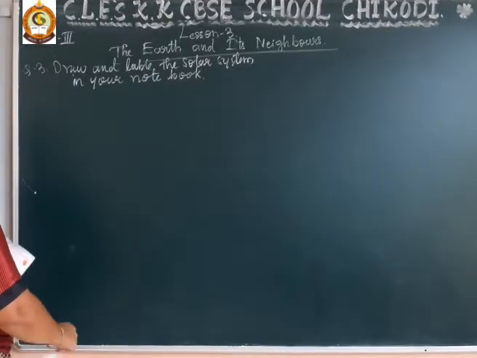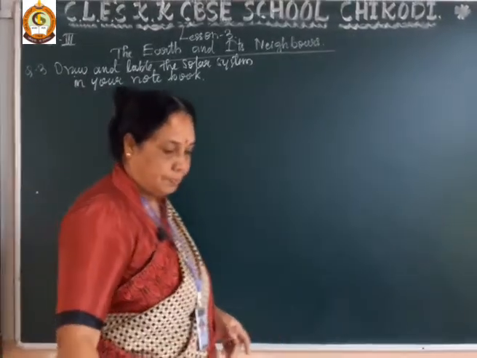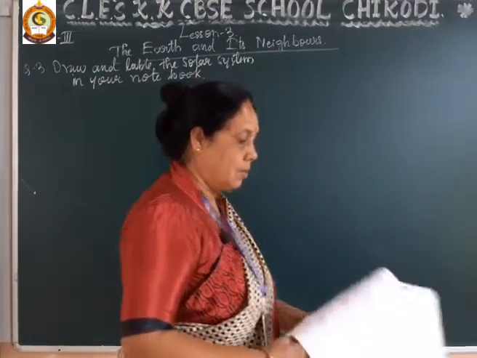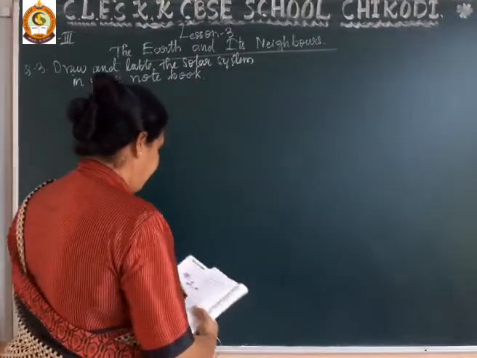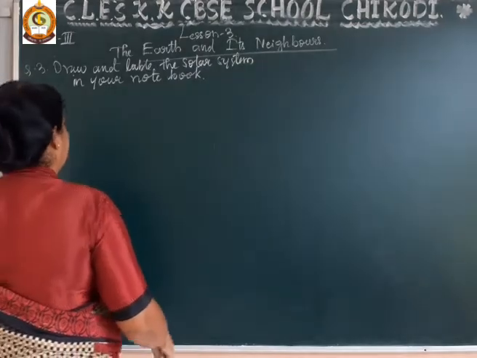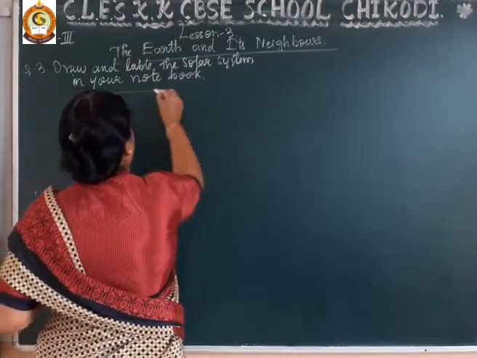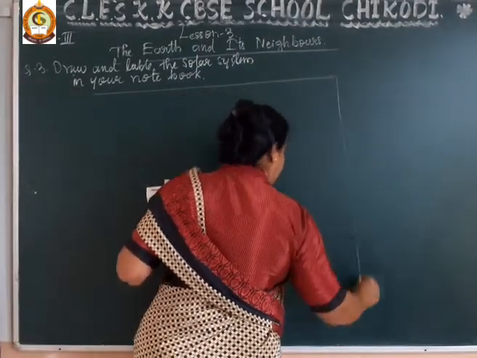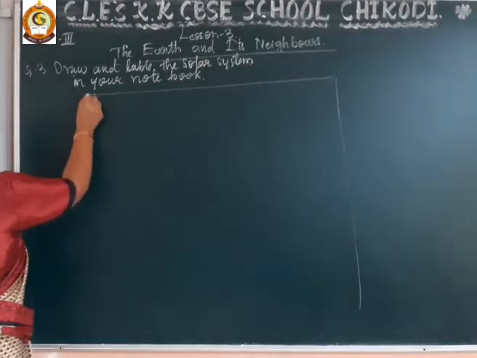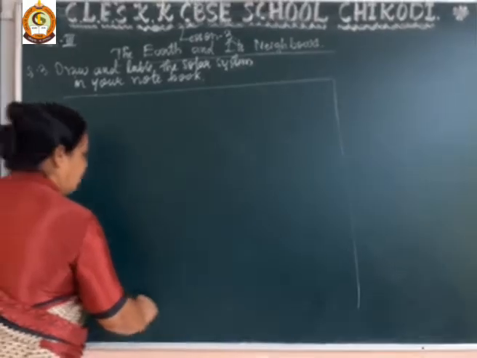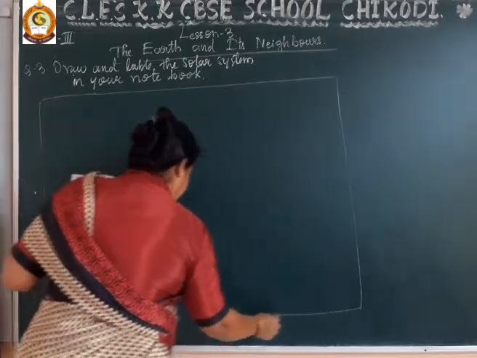Okay, so I will start drawing now. Dear student, first you draw the outline like this. Okay, in this we will draw the solar system.